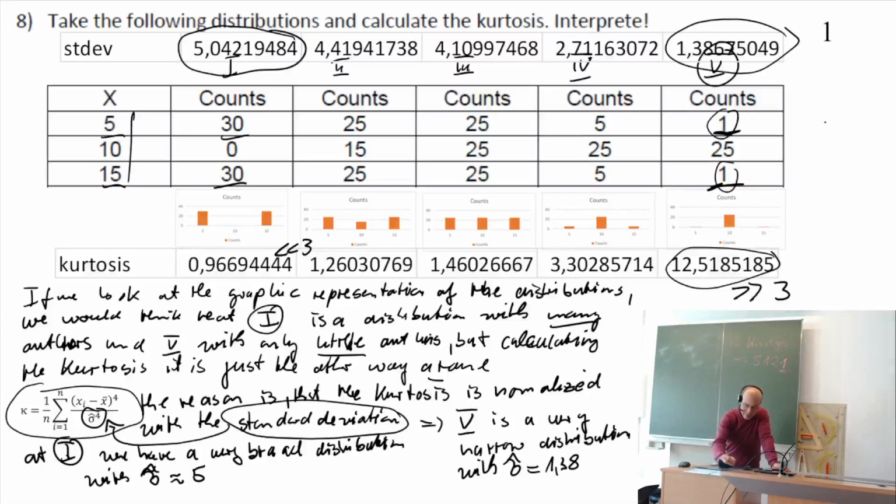Here you have to interpret the parameter of kurtosis in a relative way, and not only just look at the data and say, well, this is the distribution with the outliers. Okay, without the outliers, because it's only 2 data points, but they really count hard.